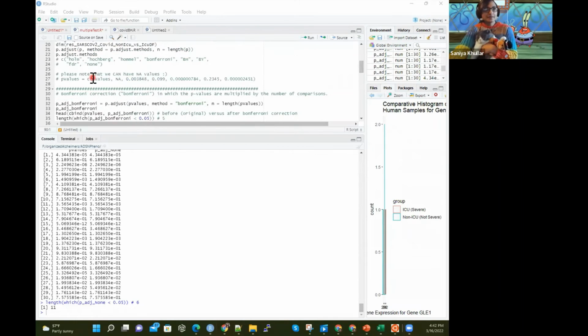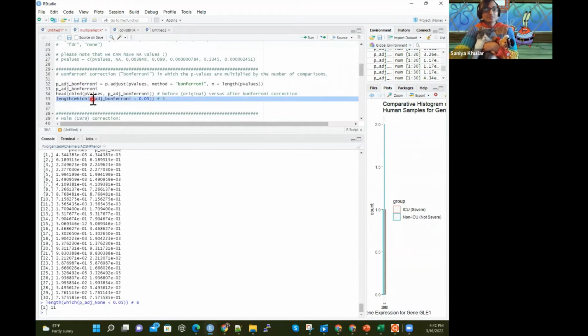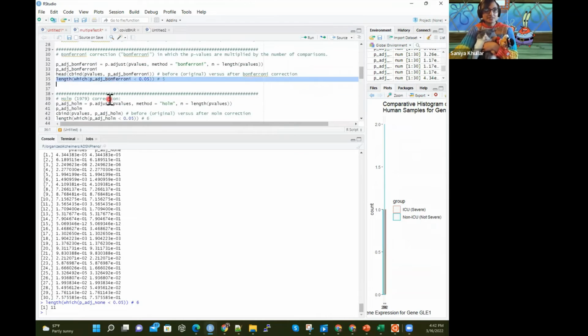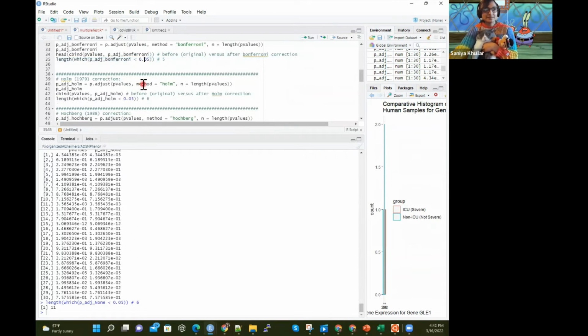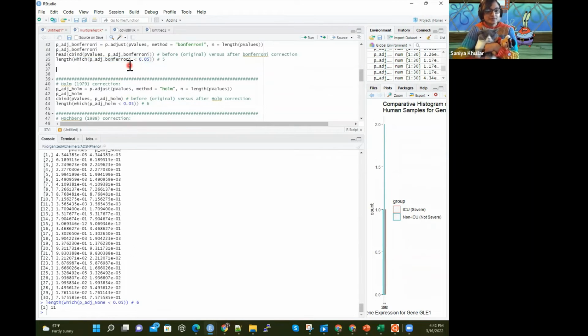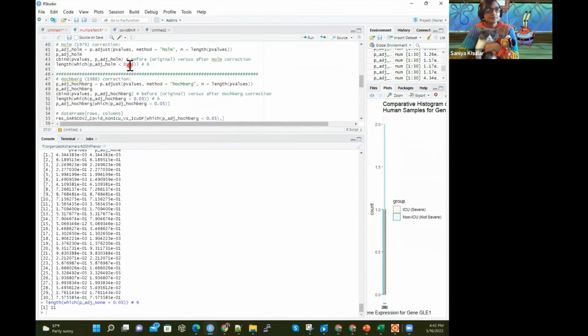We looked at Bonferroni correction, which was the strictest, and said 5 significant genes, 5 significant p-values. Holm just said 6 significant p-values. If we want to find those 5 significant ones, we can just put this in as the row, and I can get this in here.